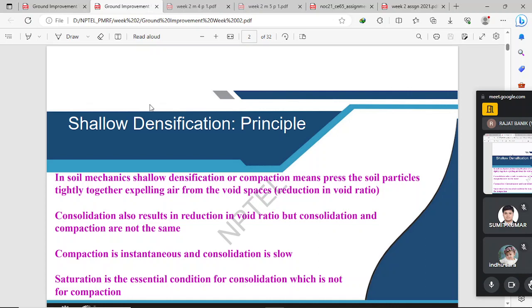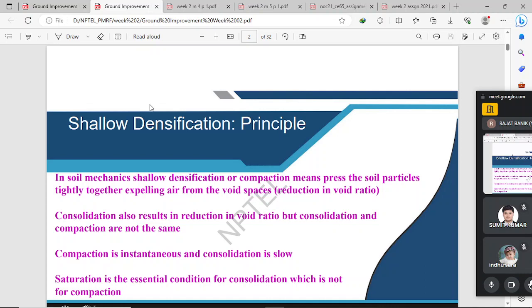But procedure-wise, these techniques are different. In consolidation, we reduce the void ratio by applying some constant load over a longer period of time. Due to this constant or temporary load, excess pore pressure is generated over time, and this excess pore pressure is expelled out through the pores.